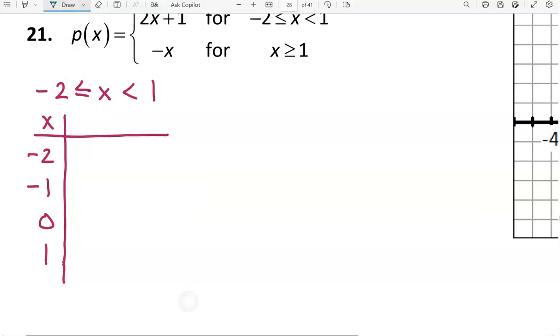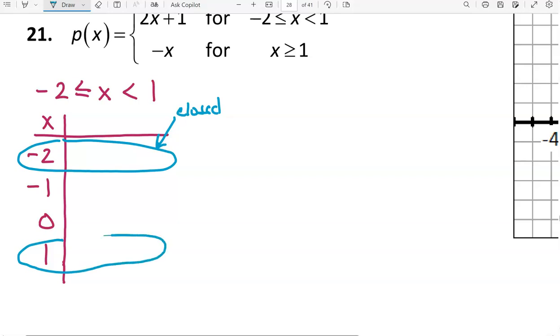However, we'll notice that negative 2 is included in the interval, so when I find this value, I'm going to indicate this one with a closed circle, and then 1 is not included in the interval, so I'm going to indicate that ordered pair with an open circle when I graph.